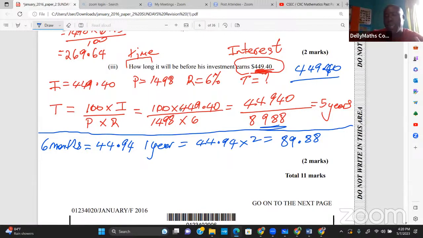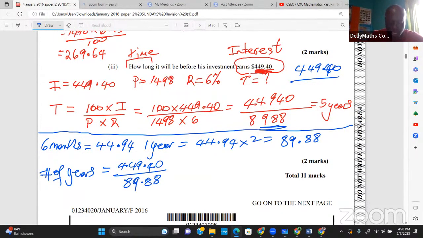If I'm making that per year, then the number of years is going to equal the total that you want to attain over the entire period divided by how much you're making in 1 year. And it's going to tell you the straight answer. I think you're going to get 5 if you do that. 449.40 divided by 89.88, and it's telling you that it will take you 5 years.